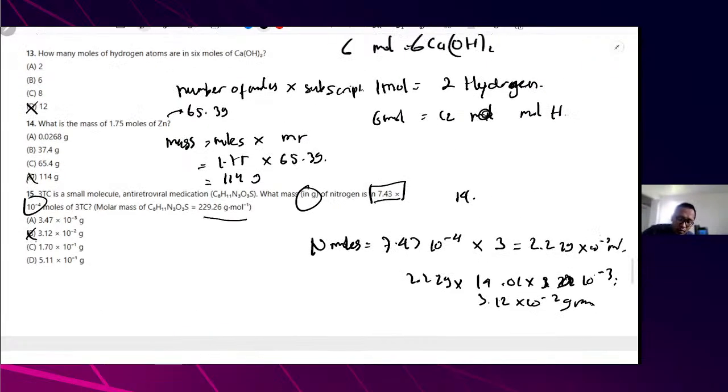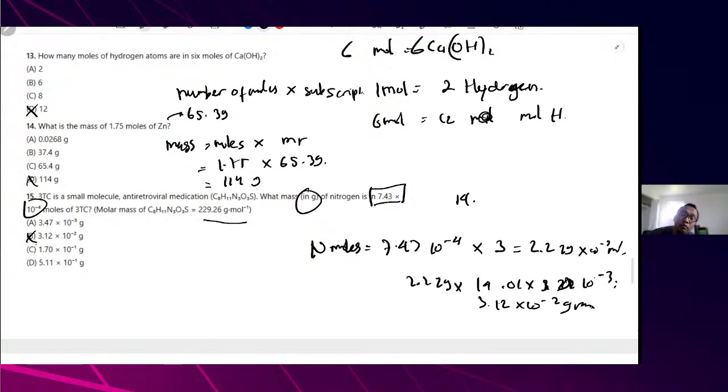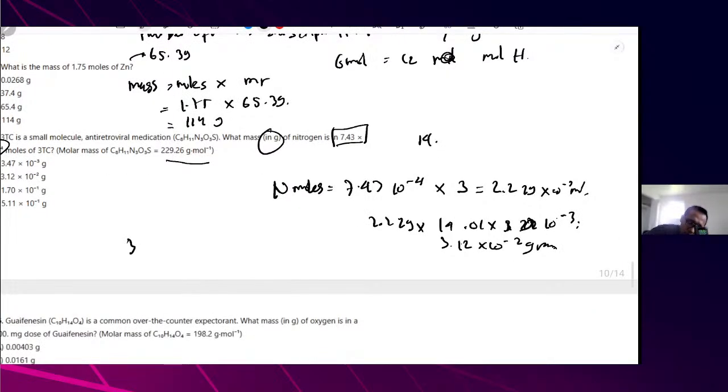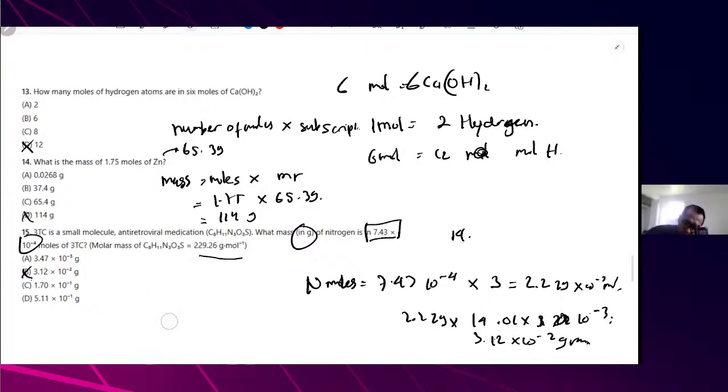So remember, what mass in gram of nitrogen in moles of 3TC. Just a quick reminder, this one is for 1 mole. We want to have 3, so this one should be times 3, because nitrogen here is 3.